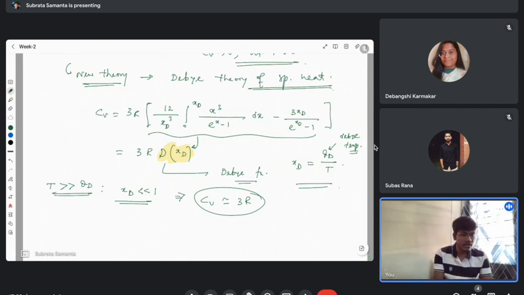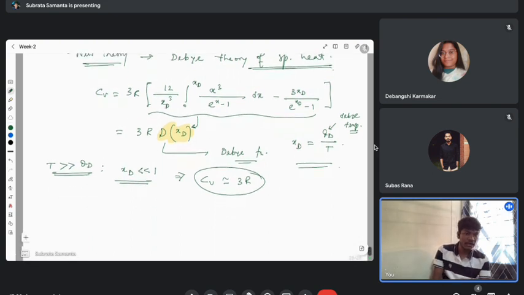So at high temperatures, Einstein theory, Debye theory, and, as you know, kinetic theory, are all the same. But at low temperatures kinetic theory cannot explain it, so we have to modify it.